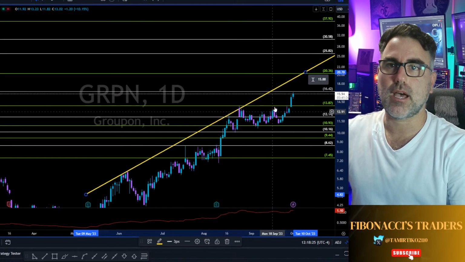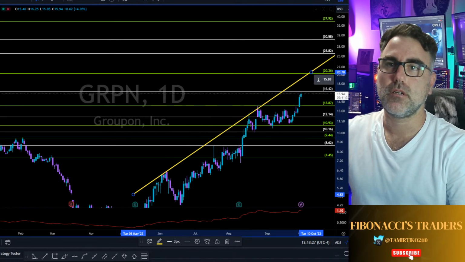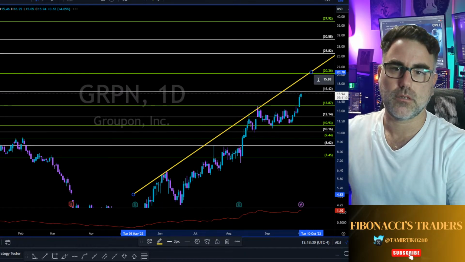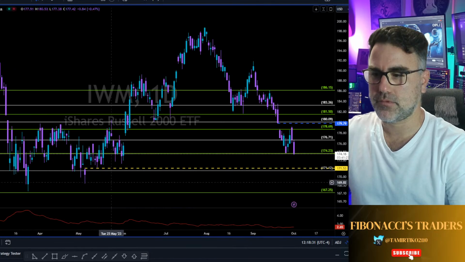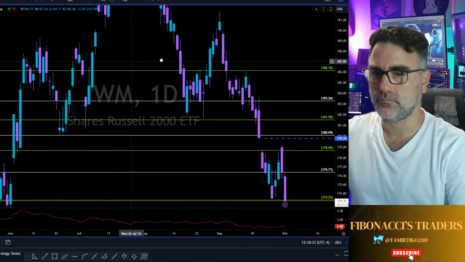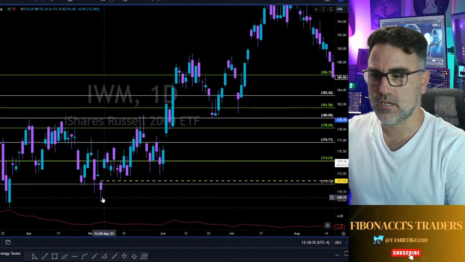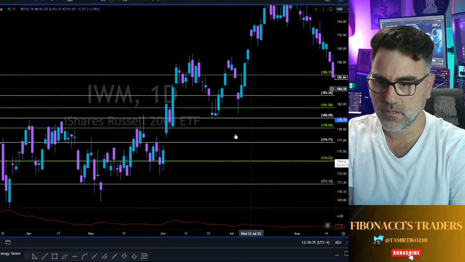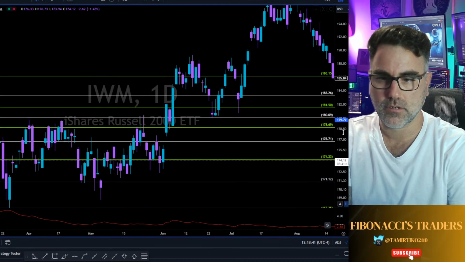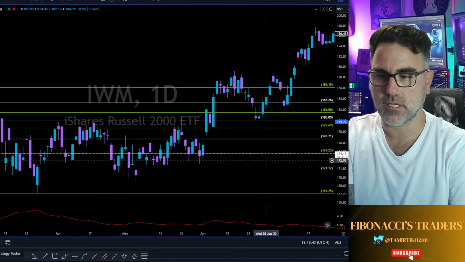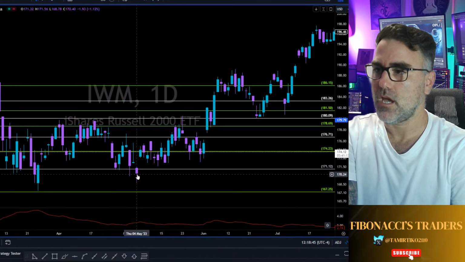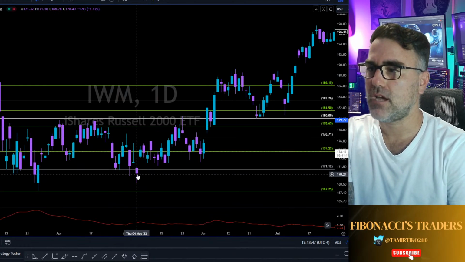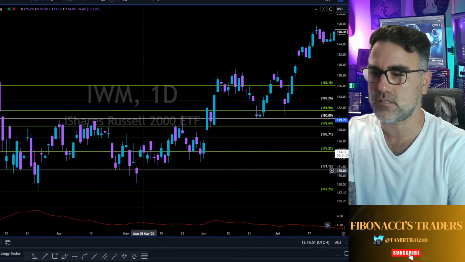No gap in IWM is closed. No gap. Let's see. The high of this candle. Let's check it. I might be wrong, which is perfectly fine. This is why we do this. We all educate each other. The high of this candle is 171.56.